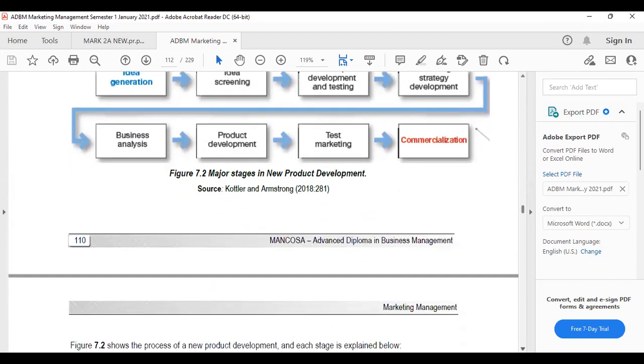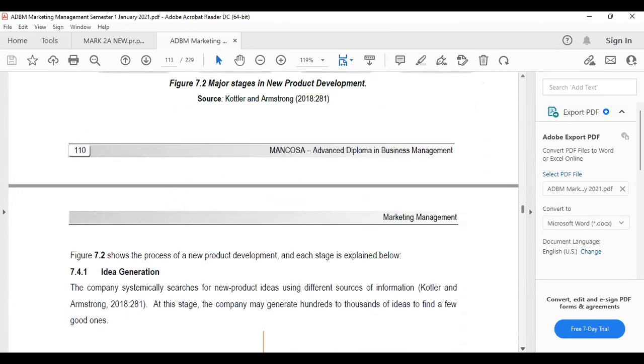Now in this type of question where you are not required to go back to the case study, what I would advise you is to think of examples when you are describing your stages.